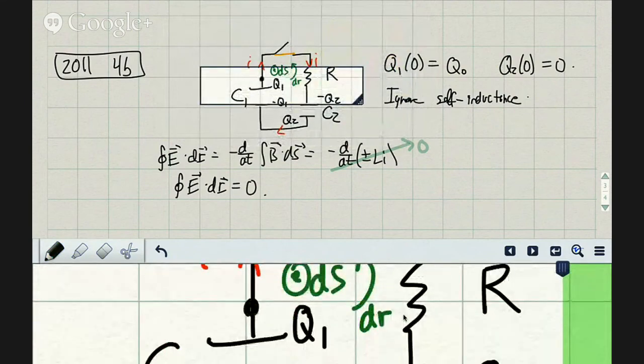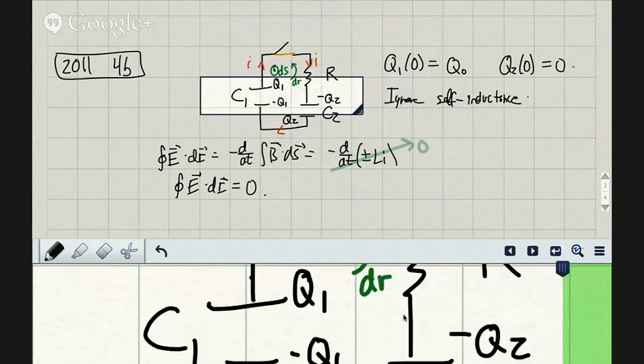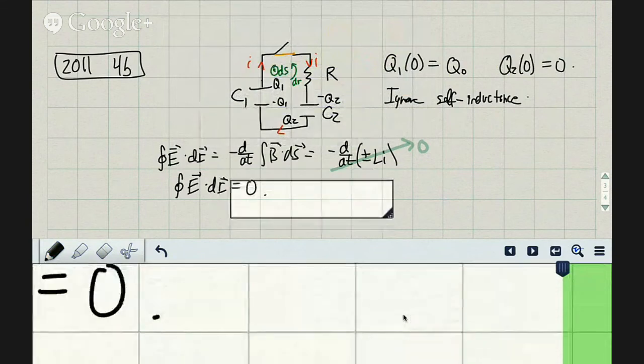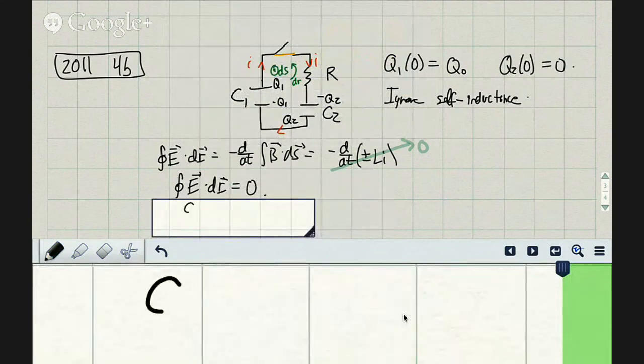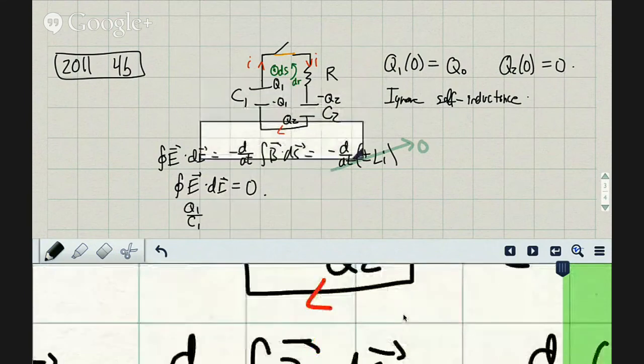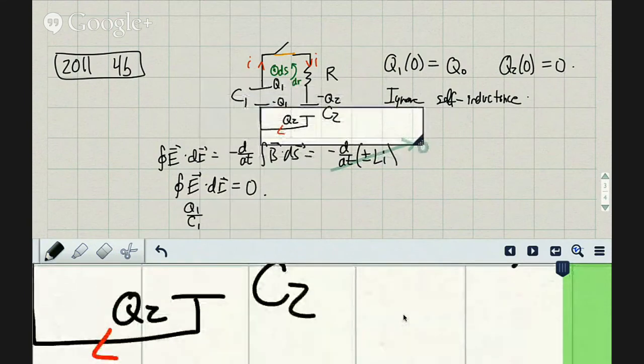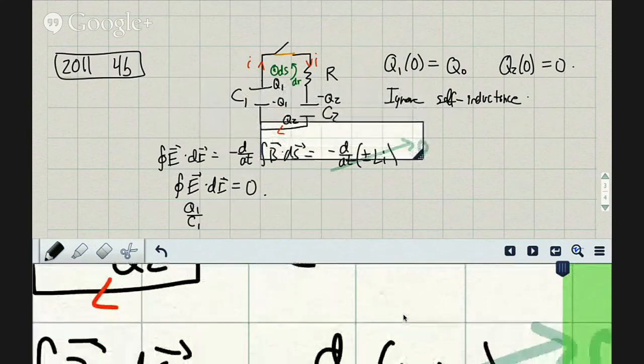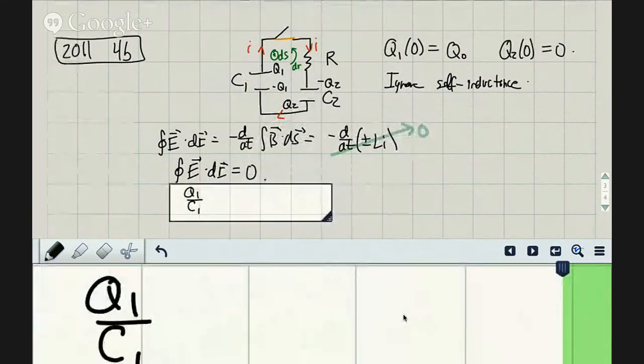All right, start at the top plate. We're integrating with the electric field, so we're going to get a Q1 over C1. And then we continue down here, and we go across here. All right. And once again, we're going with the electric field, so we're going to get Q2 over C2.